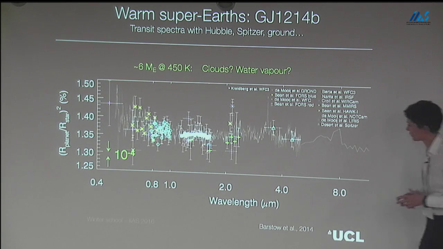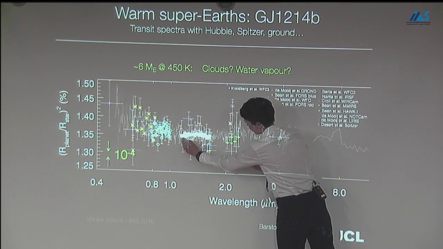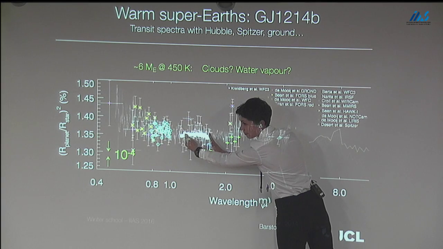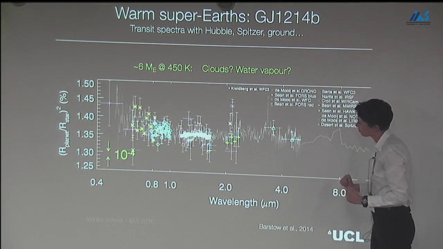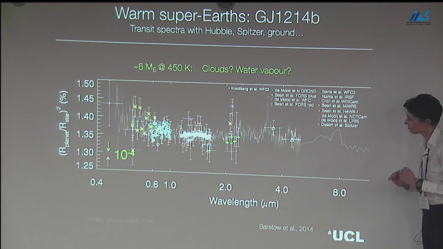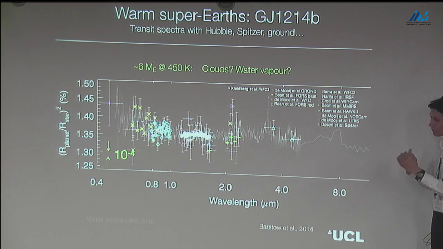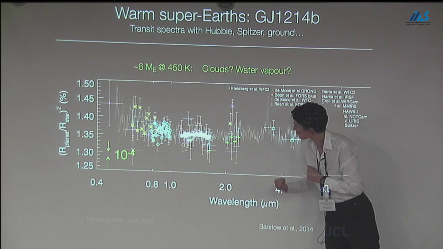But again, it is true that WFC3 is just probing a relatively narrow part of the spectrum, and to understand whether it is really clouds that are creating this very flat spectrum, or maybe a combination of clouds and an atmosphere that is heavier, we need to look at the other measurements.